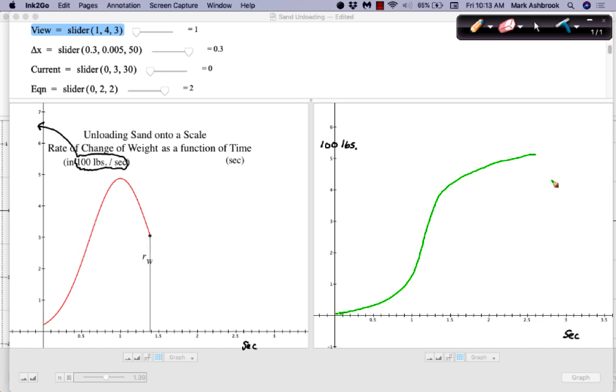Remember, this is rate of change. So our net accumulation will look like that. Is that net accumulation or total accumulation? It's net, right? At time 0, we have 0 change. Why would total maybe be different? Like if there was sand already on the scale before we started.